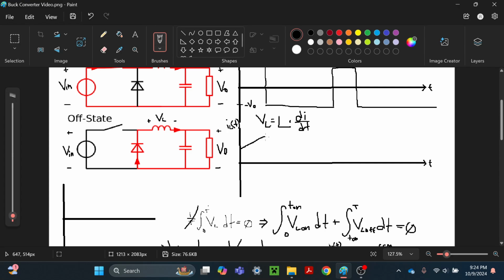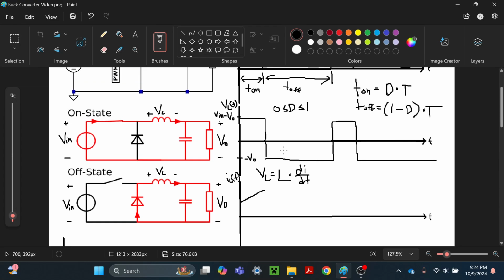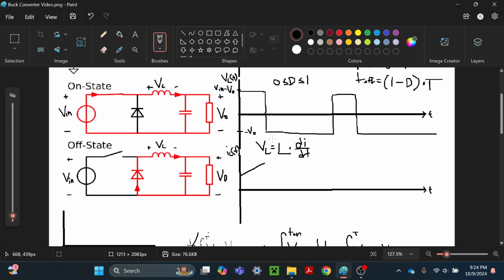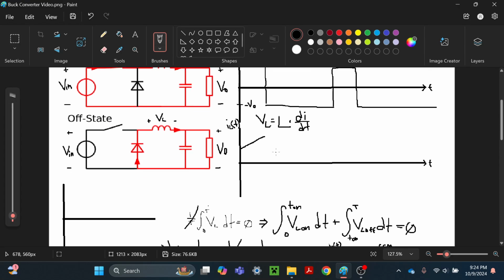So then we can see that during the off period, the voltage is a negative value. So the inductor current is going to be a constant negative slope. So drop down to there. And then when it turns back on, it's going to rise back up and then drop back down.